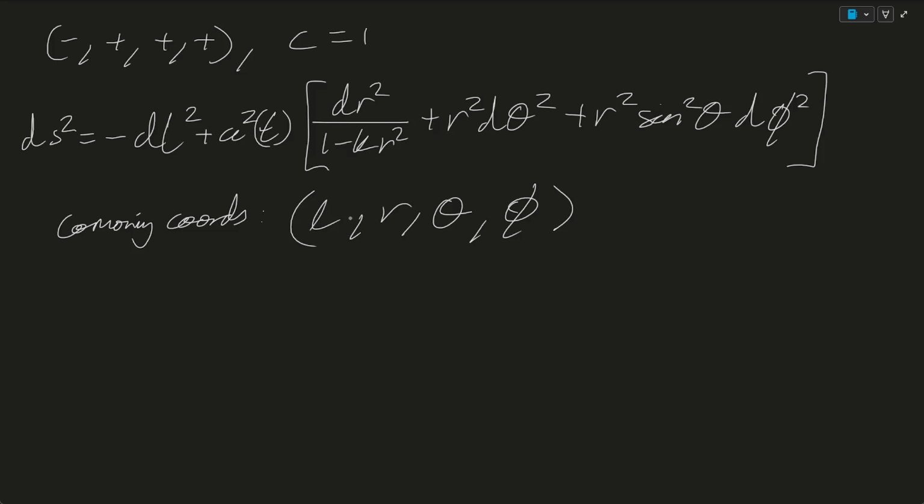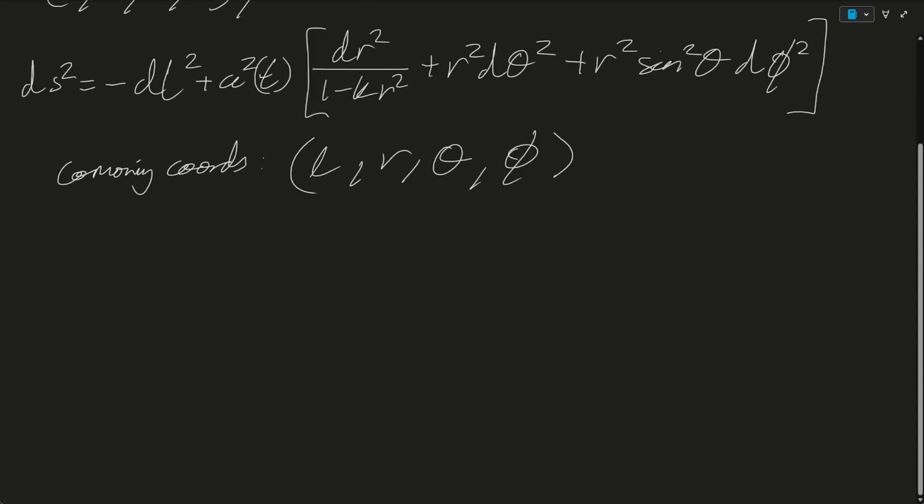It's the factor of a of t with units of length that carries the physical distance, so r is unitless. And a of t encodes the entire expansion history of the universe. I guess that's to some extent self-explanatory. Observers at fixed r, theta, and phi are called co-moving observers, so they follow the average motion of the cosmic fluid and they don't have a particular velocity.